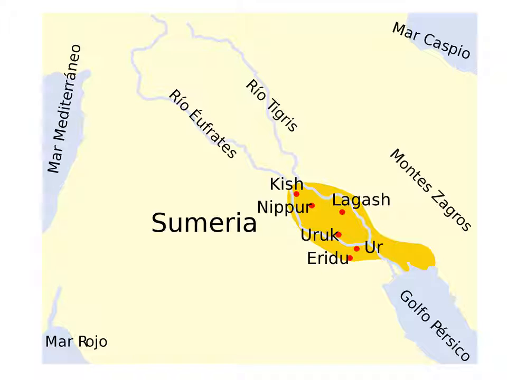A small section of this Fertile Crescent down near the Persian Gulf was called Sumeria. One of the cities in Sumeria is called Ur, that is referenced in the Bible as the city of origin of Abraham in the Old Testament.